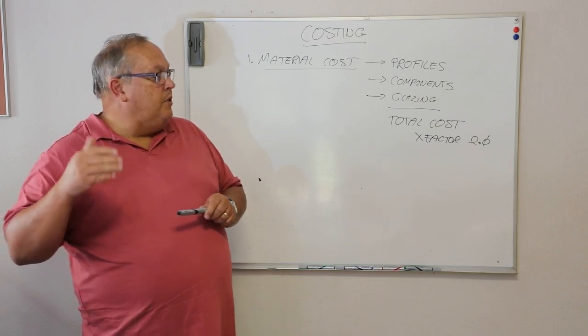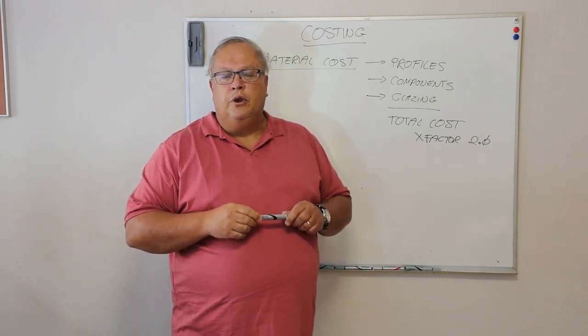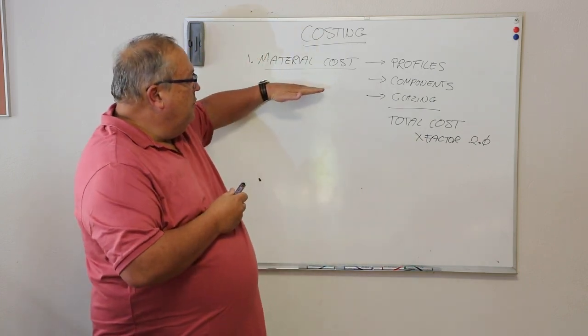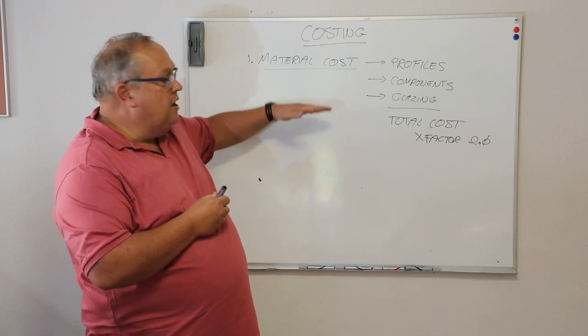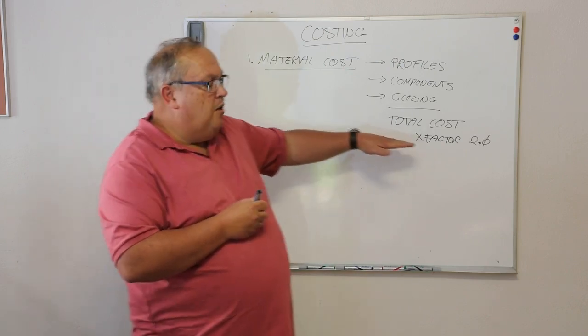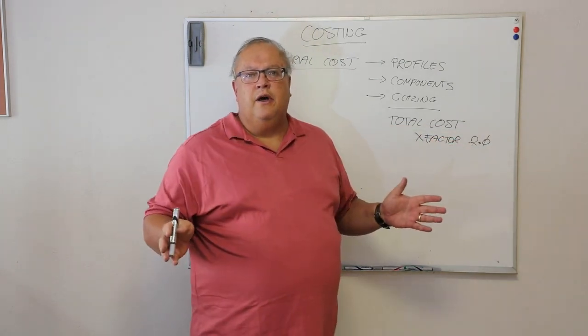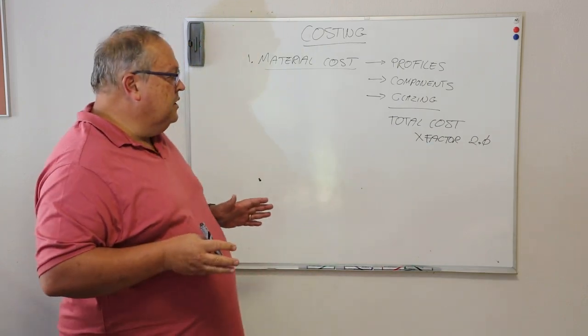In other words, I'm going to price myself out of that job because my markup is meant to be taking my factory labor and my installation labor into consideration and allowing for them. But now, because I'm doubling a very expensive glass, I'm going to price myself right out of the market on that job. And I'm not going to get those jobs.